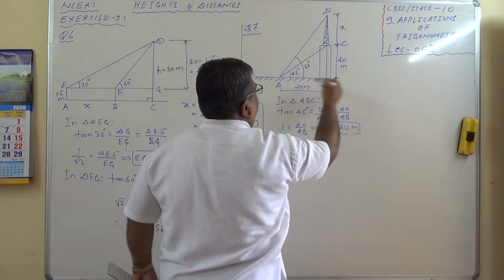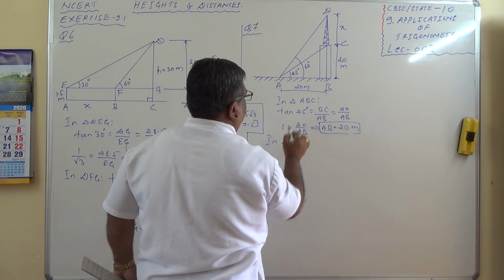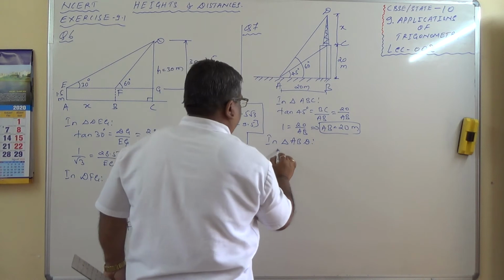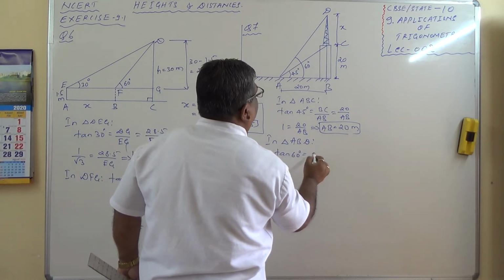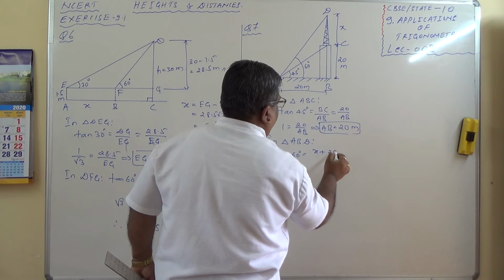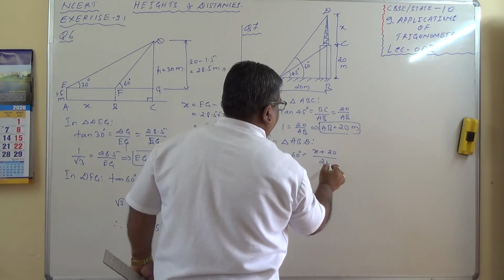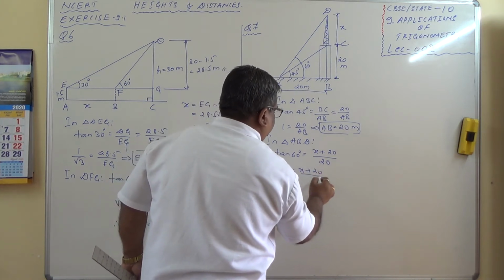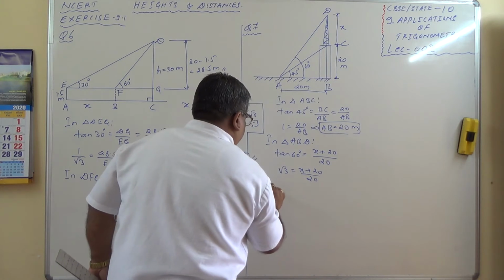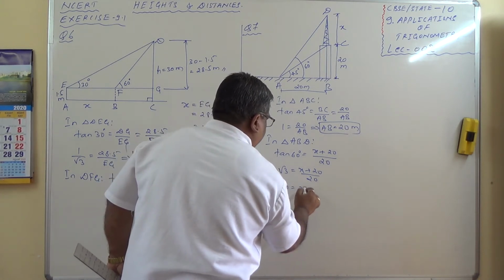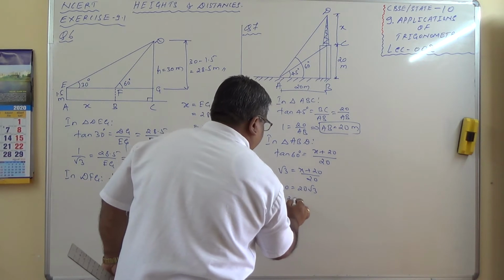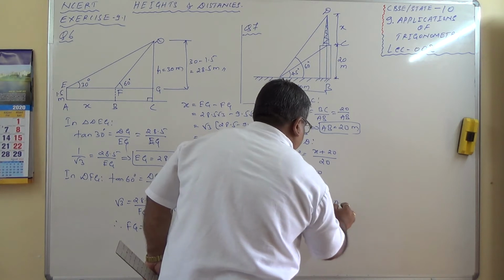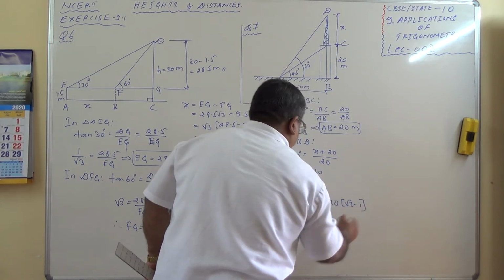Now in triangle ABD, tan of 60 degrees is equal to x plus 20 meter divided by 20. Tan 60 is root 3 equals x plus 20 divided by 20. Therefore, x plus 20 equals 20 root 3. x equals 20 root 3 minus 20, which equals 20 into bracket root 3 minus 1.